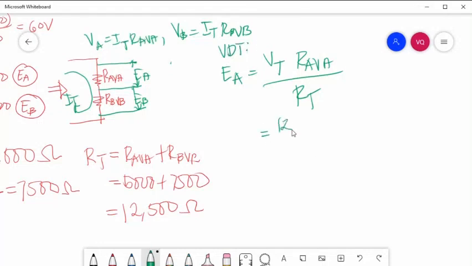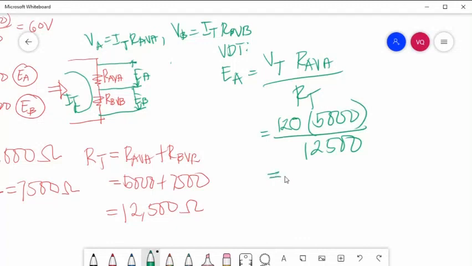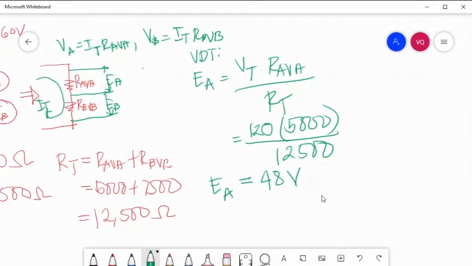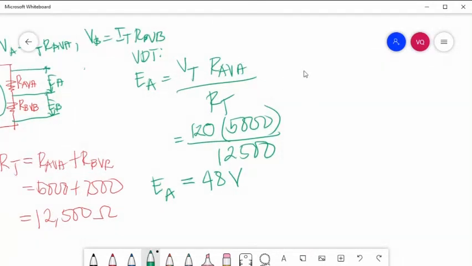So 120 times RAVA, which is 5,000, divided by 12,500. So you have 48 volts reading in your voltmeter A. Voltmeter B, EB, is VT times RBVB divided by RT.